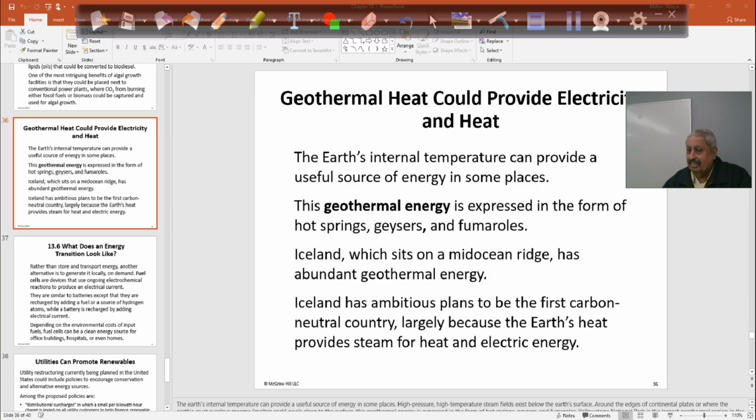But any area that has volcanoes most probably will develop a type of geothermal energy. And this is the way this earth is venting. We call those geothermal energy, earth or the ground is venting. You have a lot of pressure coming out. It has to vent somewhere, and it has to go out as natural gas, correct? So Iceland has ambitious plans to be the first carbon neutral country, because the earth heat provides steam for heat and electric energy.